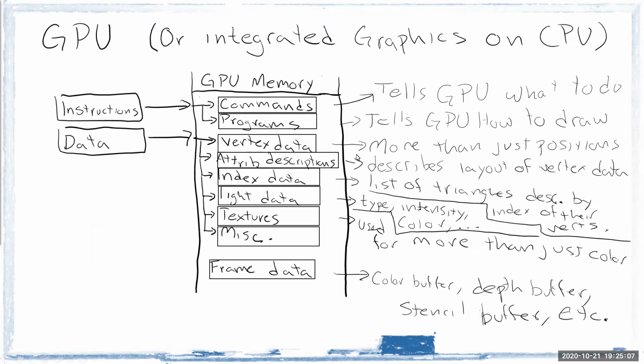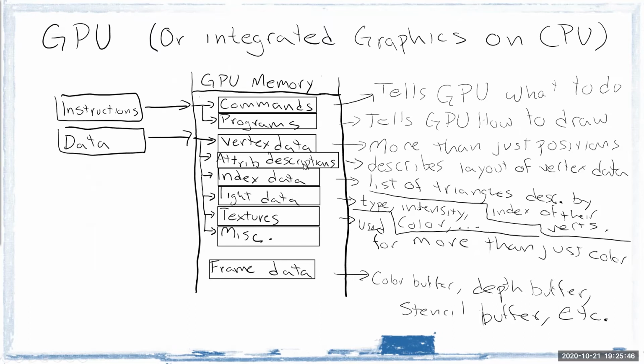Attribute descriptions tell the GPU the way that we've laid out the vertex data. So what sections of the vertex data should be bundled together. The 3 coordinates could be one attribute, and then the direction of the normal vector could be another attribute, and then the UV coordinates for the texture could be another attribute.